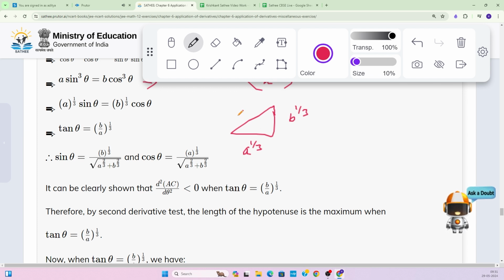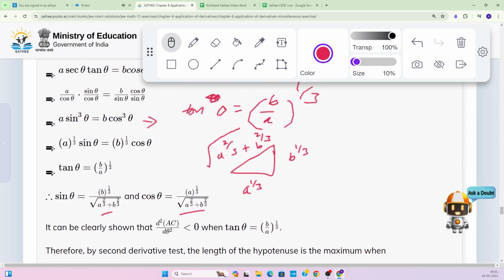Perpendicular by hypotenuse. Hypotenuse is the square of this plus the square of this, and root. Okay, clear? I hope it is clear to you. So hypotenuse is this. Now sin theta is equal to perpendicular by hypotenuse, as you can see. Now cos theta is base by hypotenuse, as you can see. So it is clearly shown.